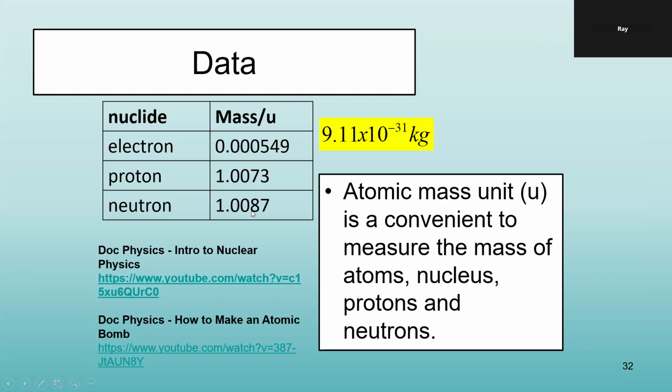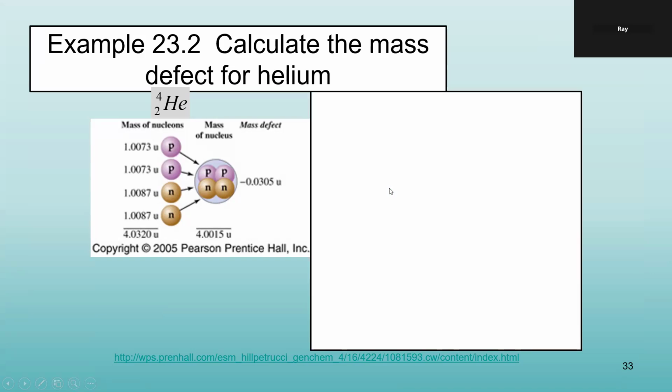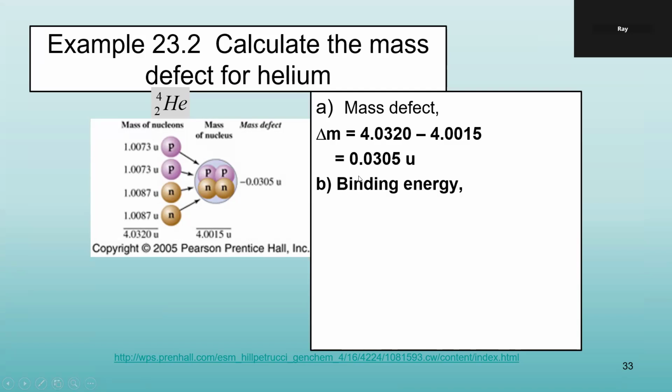There's the mass of a proton and the mass of a neutron. Helium is made up of 2 protons and 2 neutrons, so add them up. Then the mass of the nucleus is as given earlier, so we subtract it to get the mass defect. That mass that disappears becomes the binding energy.